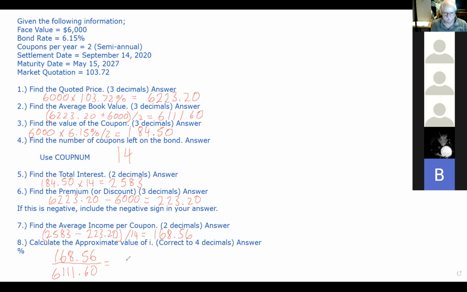And then we're going to go find that times 100. See what that equals to. And then this is semi-annual, so we're going to go times 2. And I'm getting 5.5161 if we round it to 2 decimals.